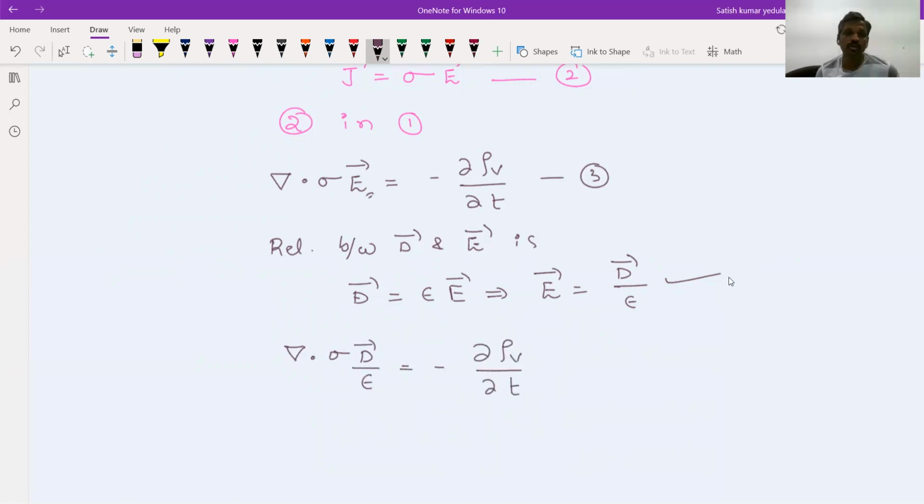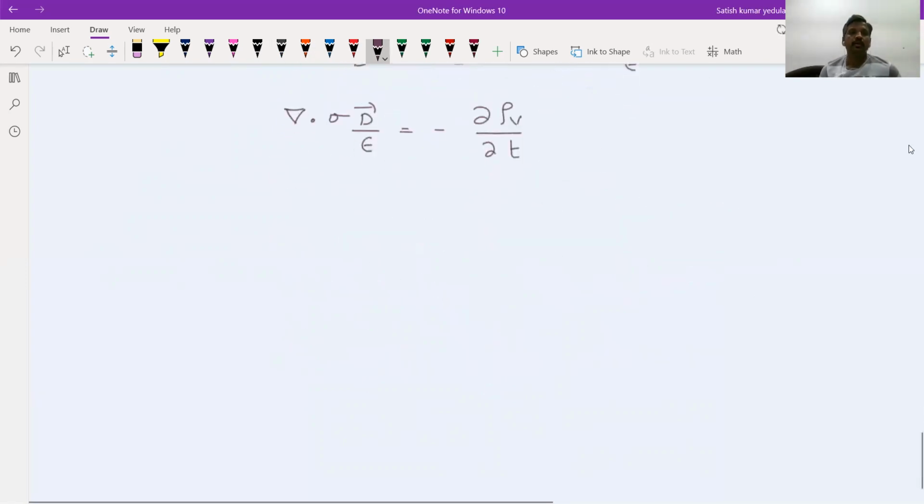Here we have to consider whether σ by ε is a variable or a constant. We don't know that yet.